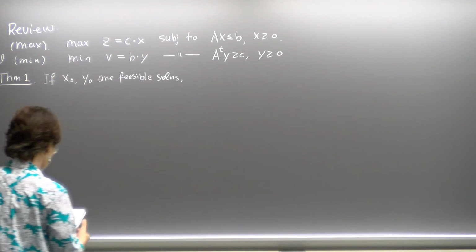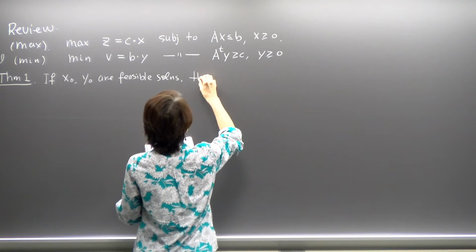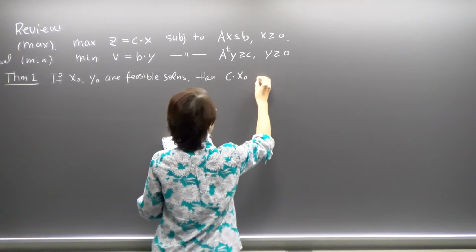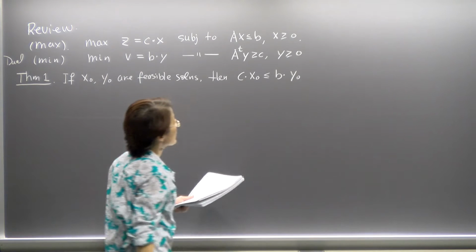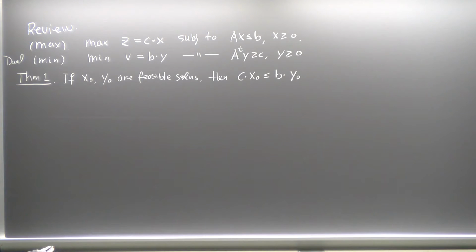Two feasible solutions. If that is the case, then the objective function for the max problem is bounded by the objective function for the min problem. Actually, they bound each other. One gives an upper bound, one gives a lower bound, right?